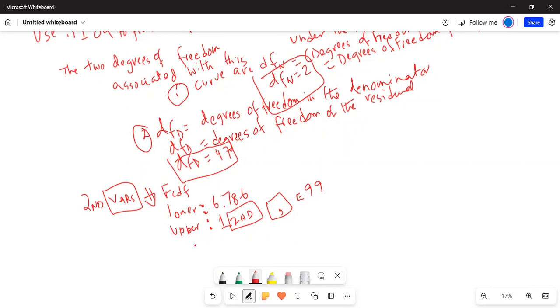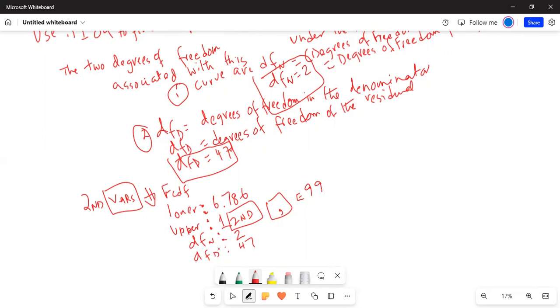Okay. Now it asks for degrees of freedom in the numerator, which is equal to degrees of freedom in your regression model, which is 2. So type in 2. And then degrees of freedom in the denominator, which is the residual degrees of freedom, is 47. Type in 47.